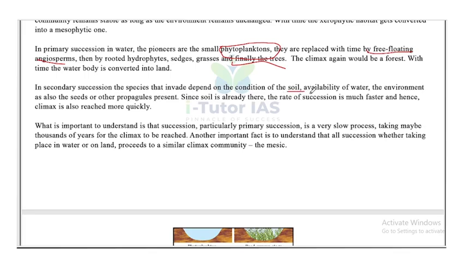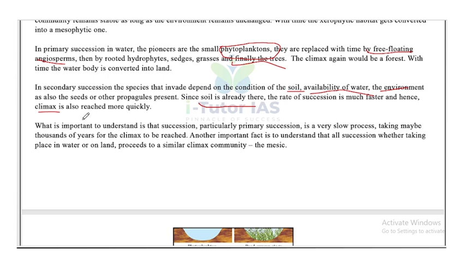One is the soil, then availability of water, then the environmental conditions. And since the soil is already present, the rate of succession is much faster compared to the primary succession. And the climax community is also reached quickly. So these are the factors which make secondary and primary succession different.